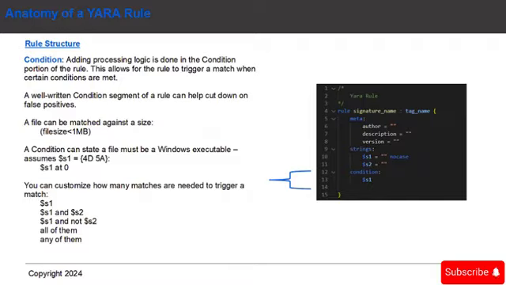We've got an example of that here where we define a condition where our S1 equals, inside the braces, 4D5A, and it matches at the 0 position within the file. That's just another example of how you can set a condition to operate within your rule.